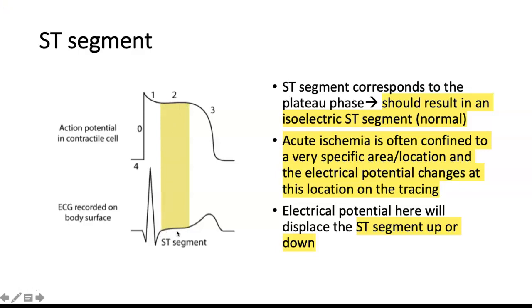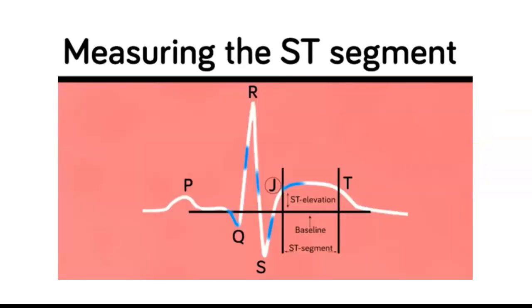Acute ischemia is often confined to a very specific area or location, and this changes the tracing in this location. And so this can displace the ST segment up or down. When we talk about measuring the ST segment for elevation or depression, we first must find the J point.